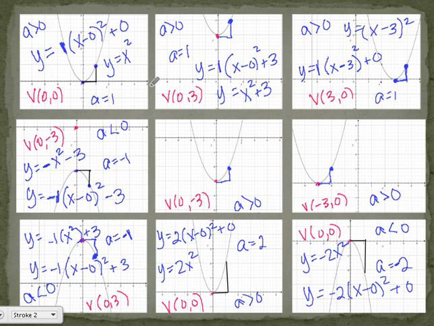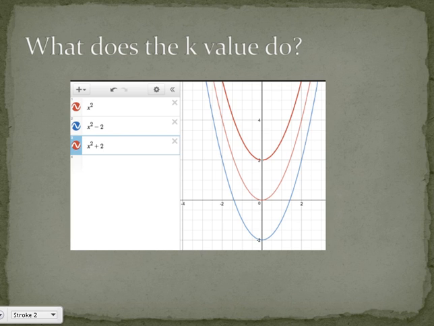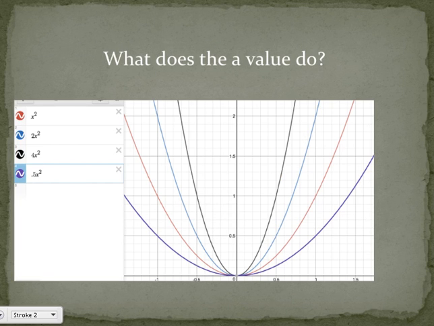I would like to also show you an additional thing. What I have graphed here for you is 4 equations.